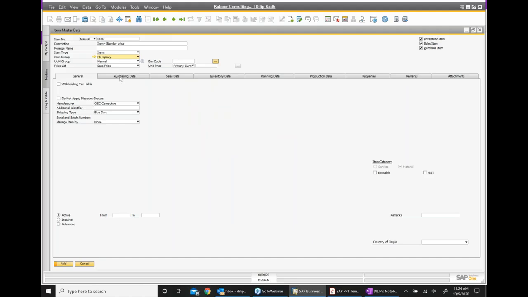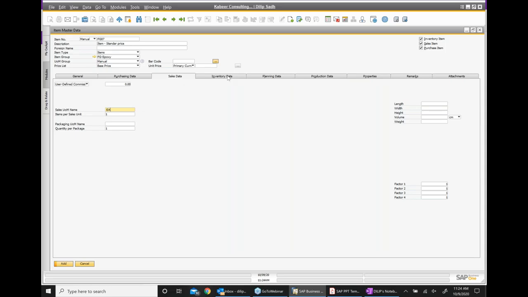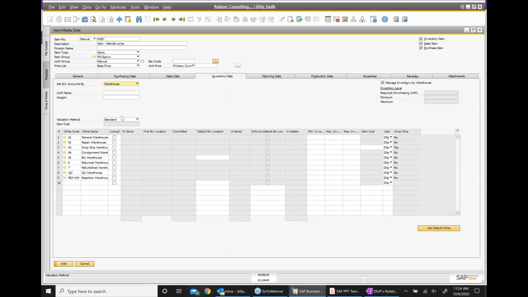Okay. So here I use my unit price, unit of measure, inventory data. You see the valuation method is standard now. So this time we are using a standard valuation method, and we hit enter.